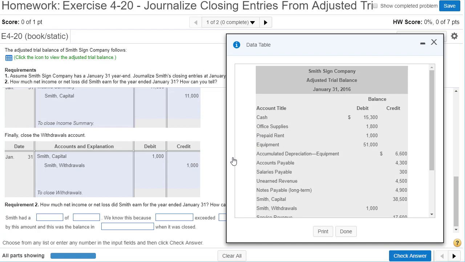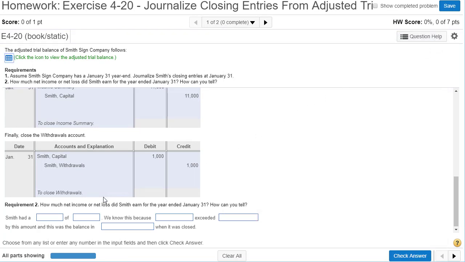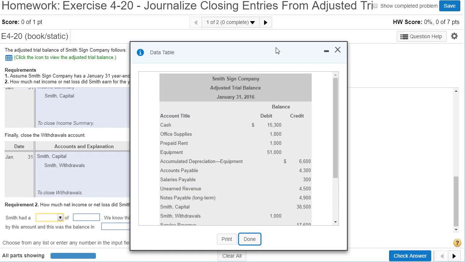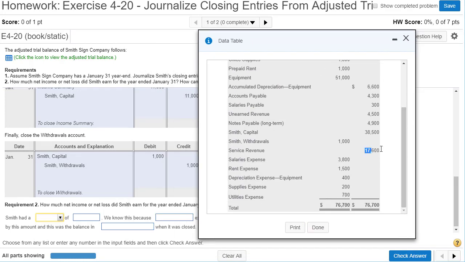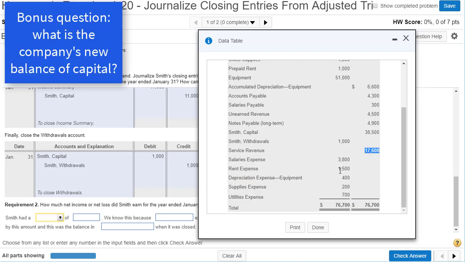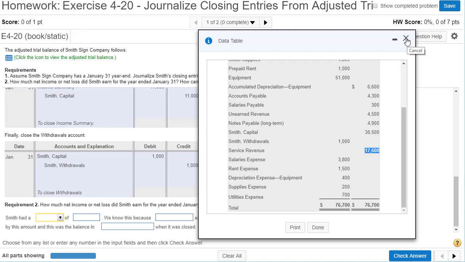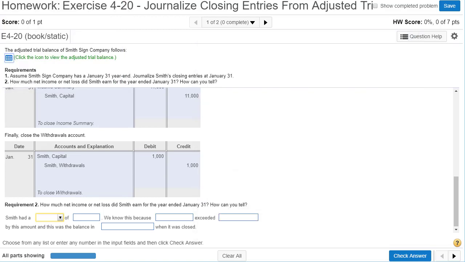And now they're going to ask us, we can close this window, whether Smith had a net income or net loss. Well, there's a couple ways you know that they have a net income. Just scroll down here to the revenues and expenses. This revenue is obviously greater than these expenses, so that's one reason we know we have a net income.